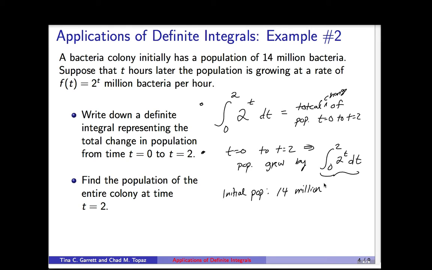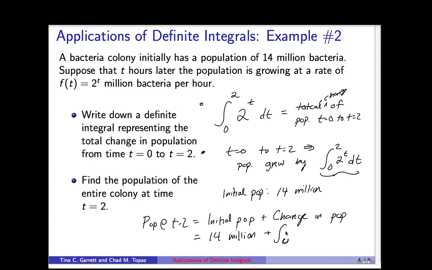So the population at time 2 is going to equal the initial population plus the change in population. The initial population, the problem says, is 14 million, and the change in population is the integral from 0 to 2 of the function 2 to the t dt.